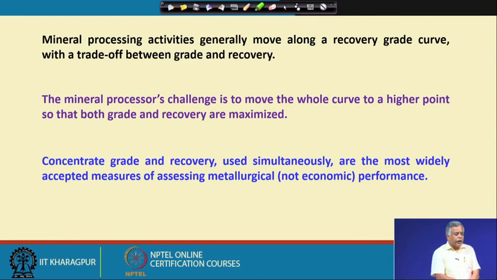That is, what is the optimum grinding size, or the particle size you have to break them to with minimal input energy in the breakage, and then what is the most efficient process that I have to adopt to have the most efficient separation between the wanted and unwanted materials.